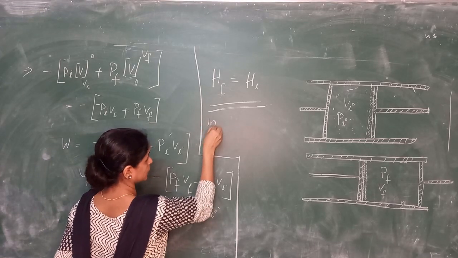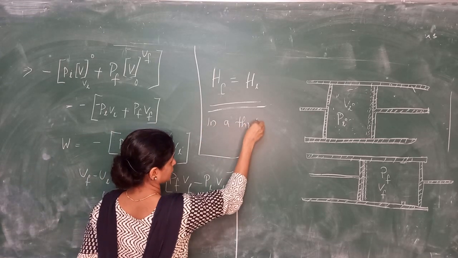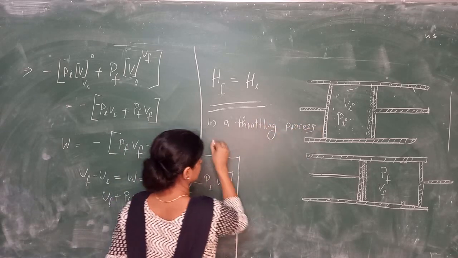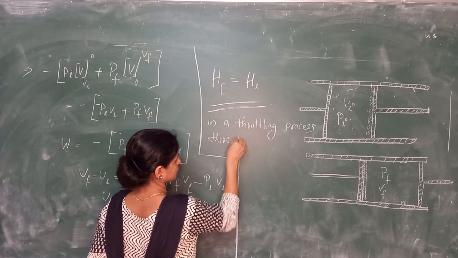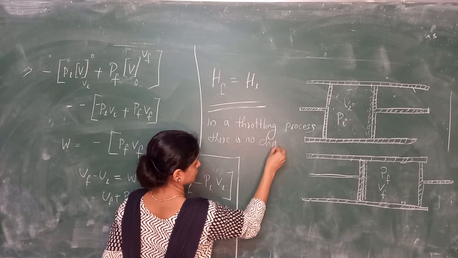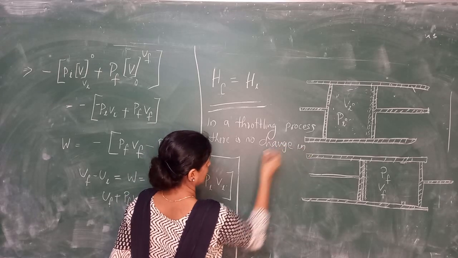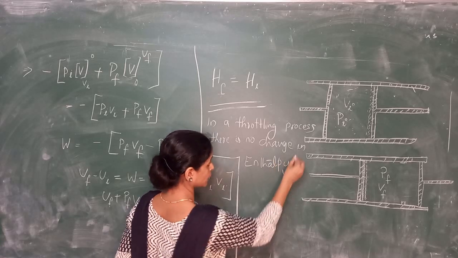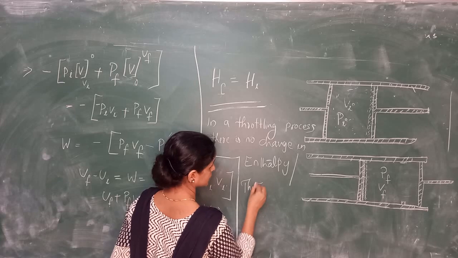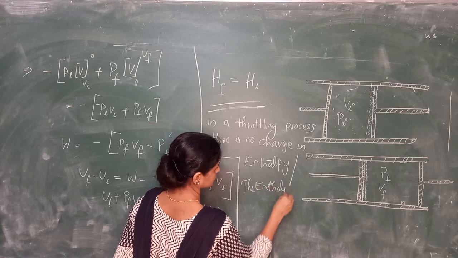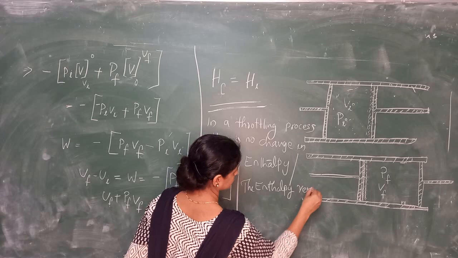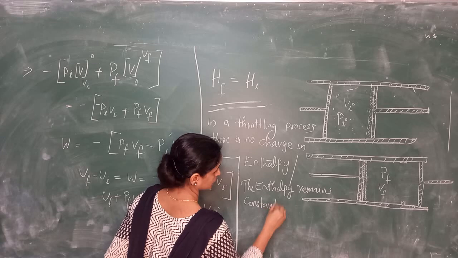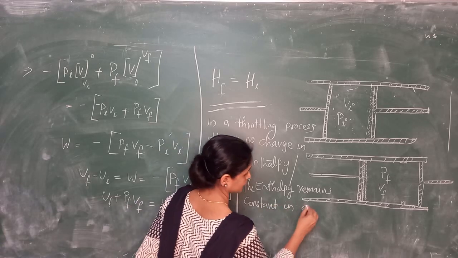That is, in a throttling process, there is no change in enthalpy, or the enthalpy remains constant in a throttling process.